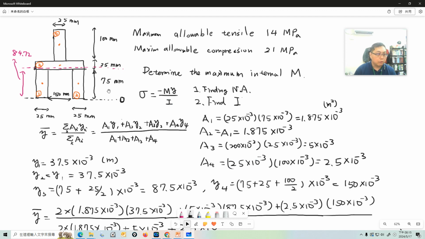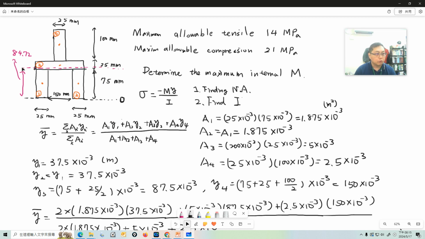In this problem, we have four rectangular shapes, so you have to calculate the moment of inertia of each rectangular shape. And the most important thing: in the previous video, we already calculated and identified the position of the neutral axis. You see this neutral axis is not passing through the centroid of each area.